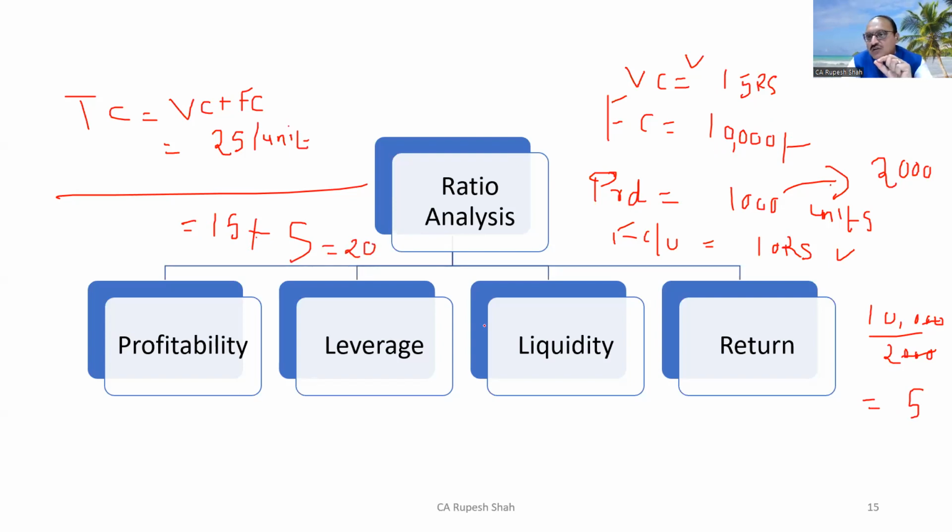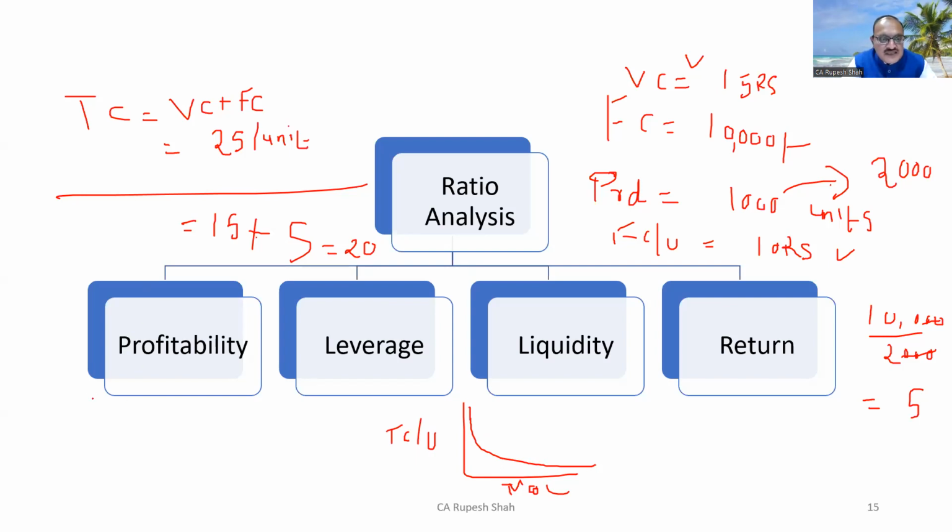That means what? Whenever, say this is my total cost per unit, say this is my volume, and say this is my total cost per unit. That means as my level of operation goes up, my total cost per unit comes down. Right? And this is called operating leverage.